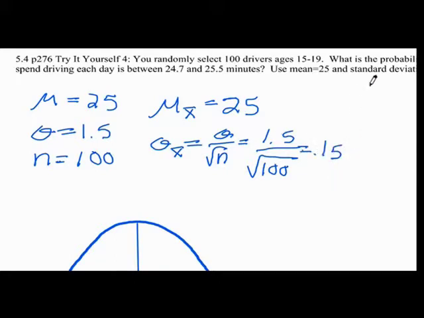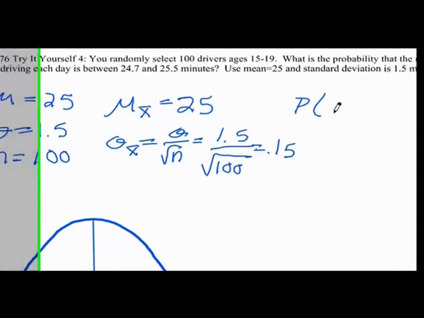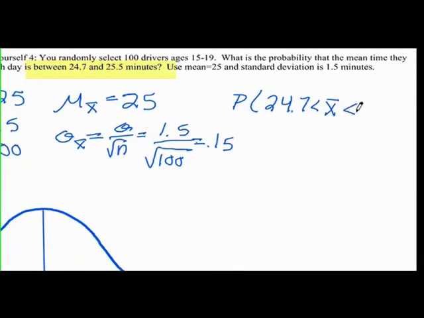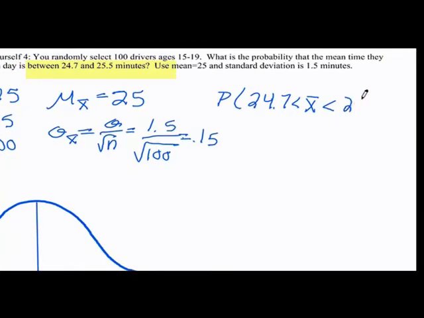And so now we're asked to find the probability that it is between 24.7, and this is the x bar, the mean, and 25.5. So for the z, we're going to try to find the probability that z is between those.